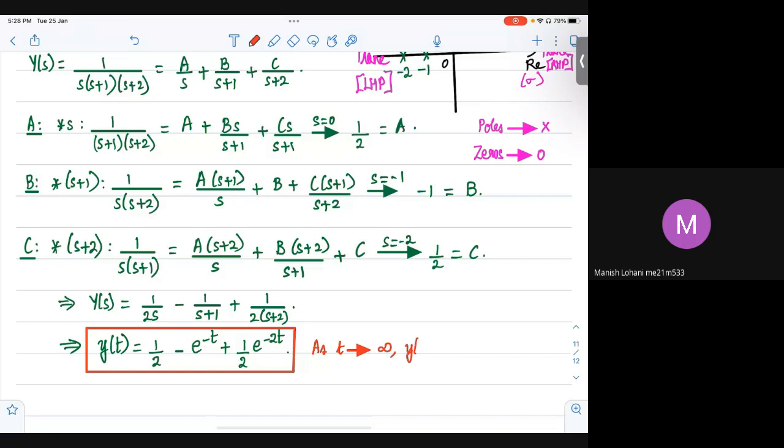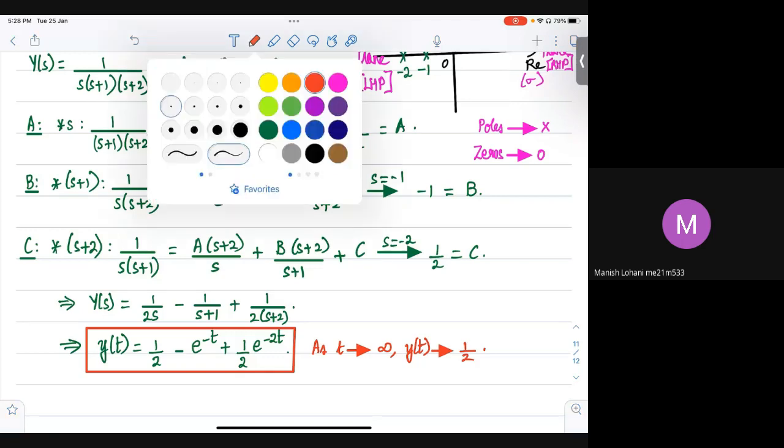So y of t tends to 1 by 2. That's right, because as t tends to infinity, the other two terms, e power minus t and e power minus 2t, will go to 0, since they are exponential terms with a negative exponent.